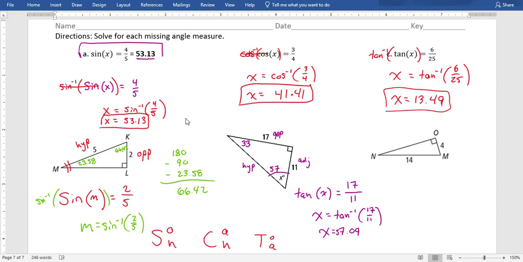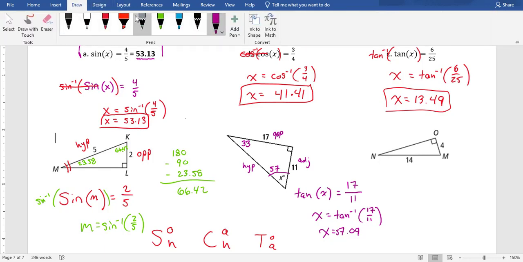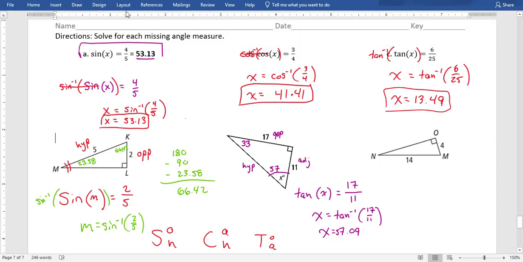All right, in my third example over here, it doesn't technically tell me which one to solve for. I just have to solve for both. And so what I'll do is I'll start at angle N. Why not? I've got opposite to angle N, and I've got a hypotenuse here. So that's cosine of angle N equals opposite over hypotenuse.